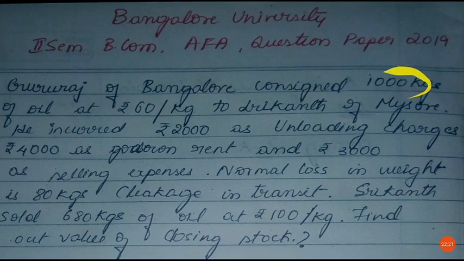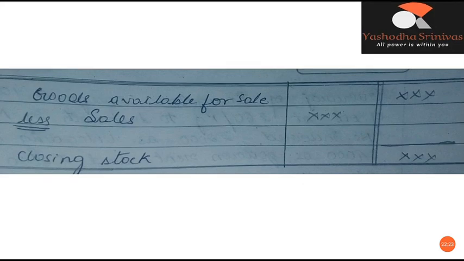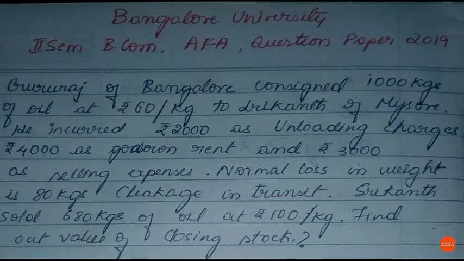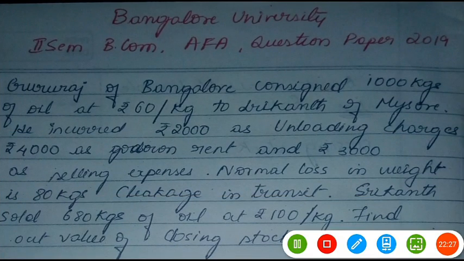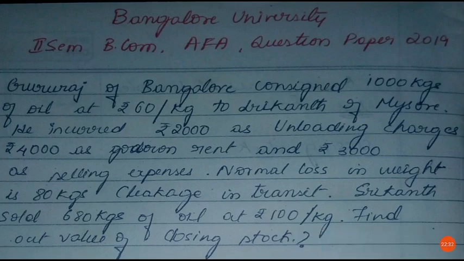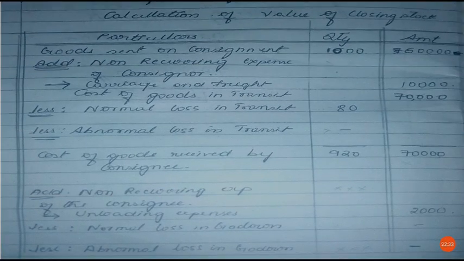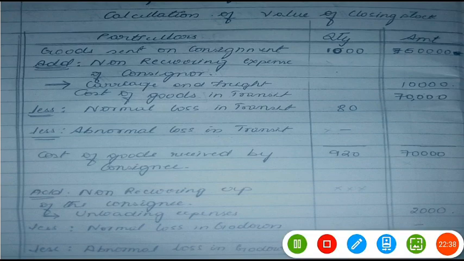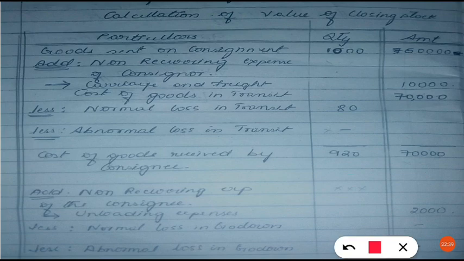Here, 1000 kgs of 60 rupees each. So we have to write it there. Be very careful while doing it. So 1000 into 60, you will be getting this amount.